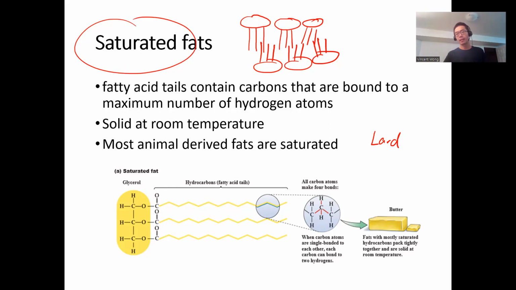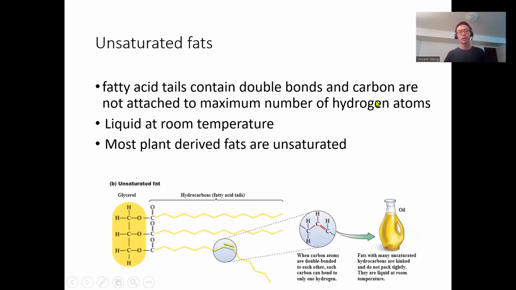All right. Now the opposite of saturated fat is unsaturated fat. Okay, listen carefully. Unsaturated fat also has the glycerol, and then at least one of the fatty acids is going to be an unsaturated fatty acid. In this picture, you can see that's a saturated fatty acid, but the third one here, that's an unsaturated fatty acid.